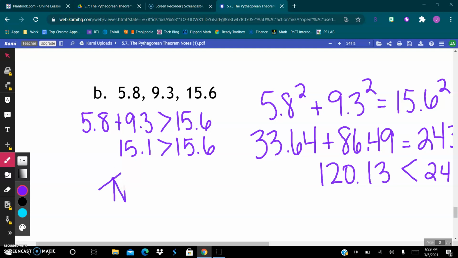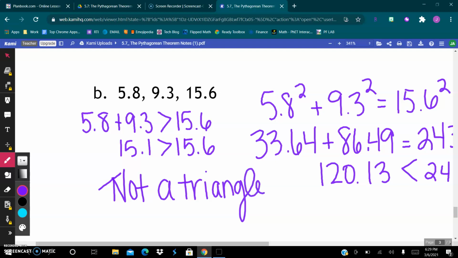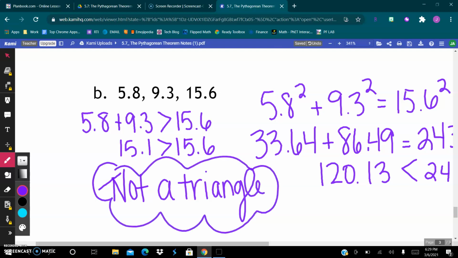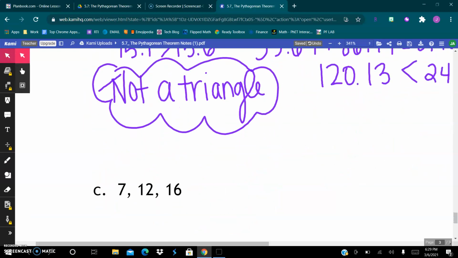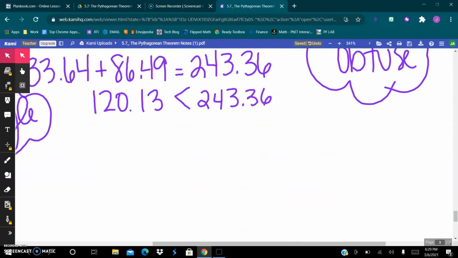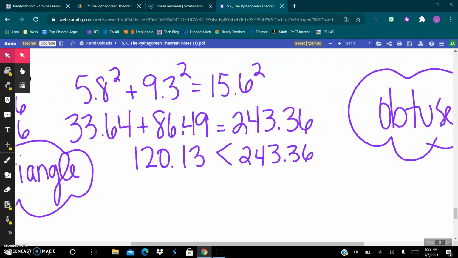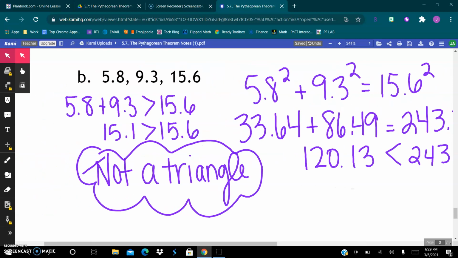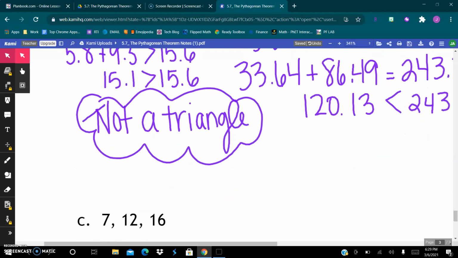So I want to say not a triangle. They can't be side lengths of a triangle. You cannot construct a triangle with those side lengths. If that worked out, then it would be an obtuse triangle, because this part works out just fine, but this part does not. So always check that first, and that was my mistake here.